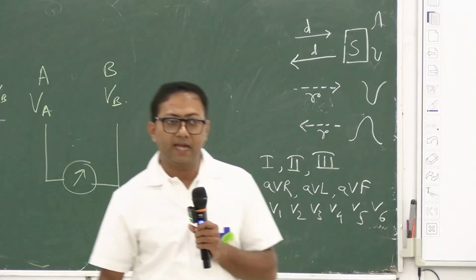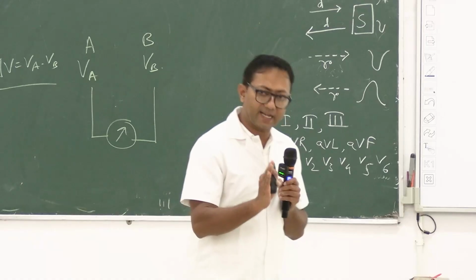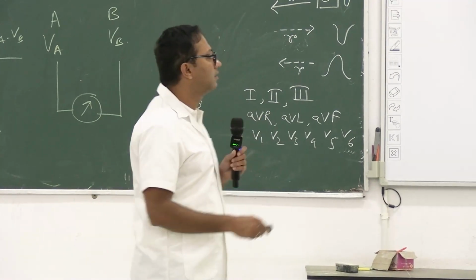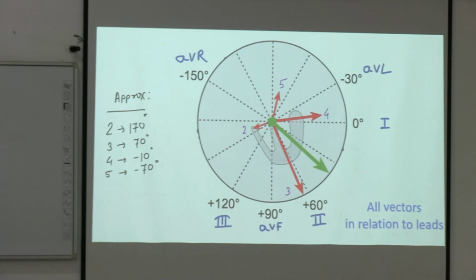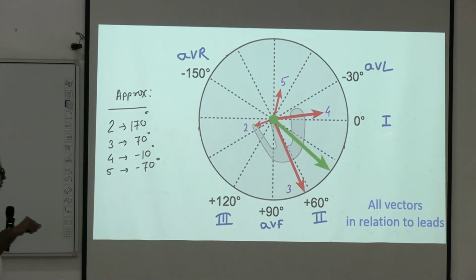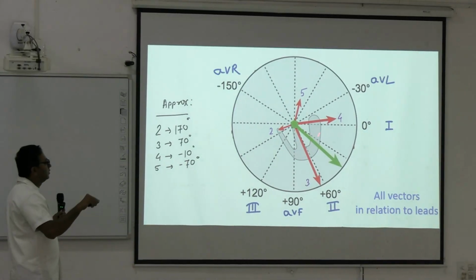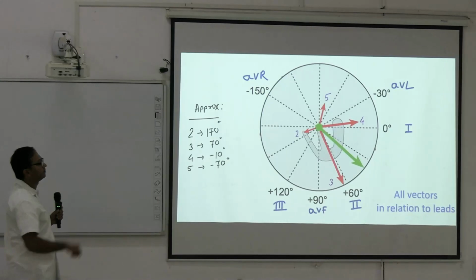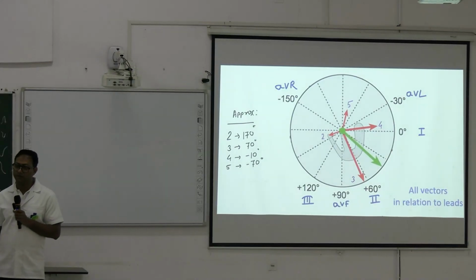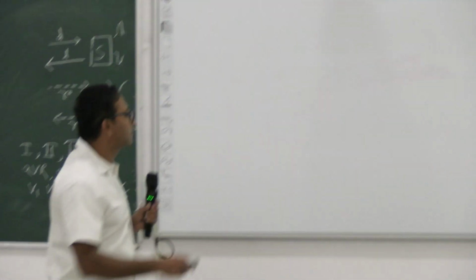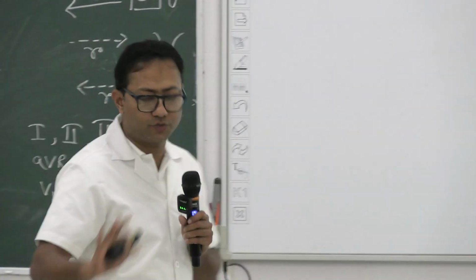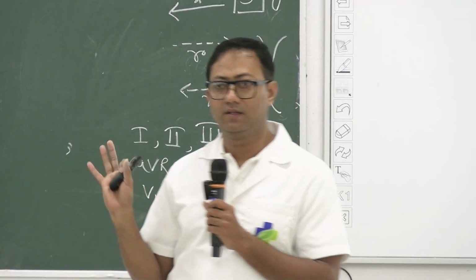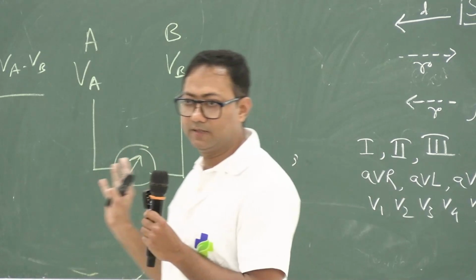And the normal cardiac axis is located from minus 10 to plus 110. In some books it is written as 0 to plus 110. No issues, whatever book you are studying, you can remember that.